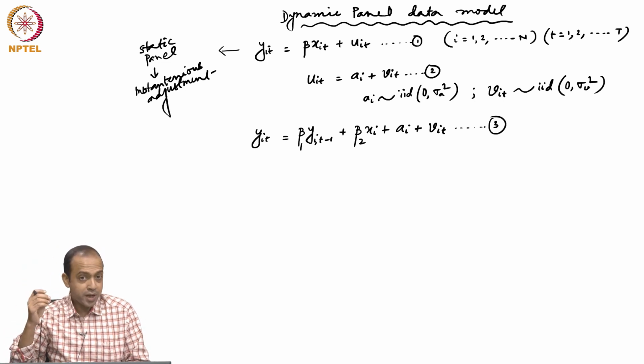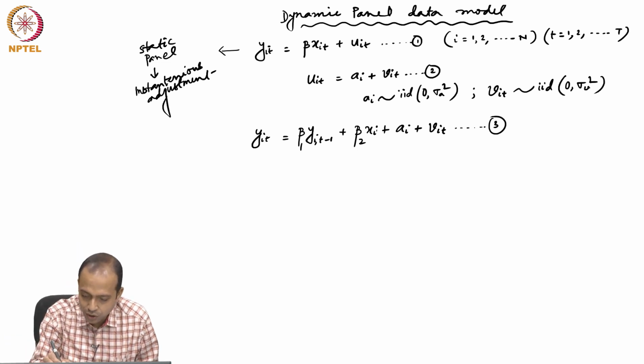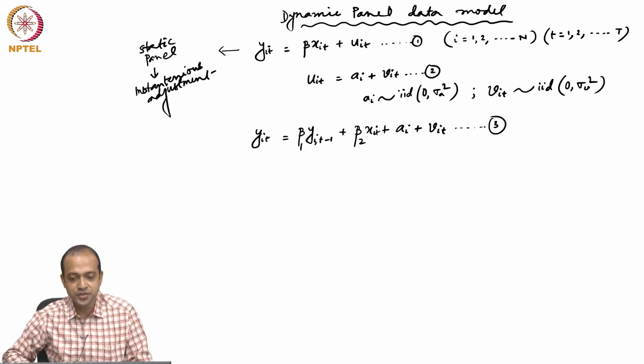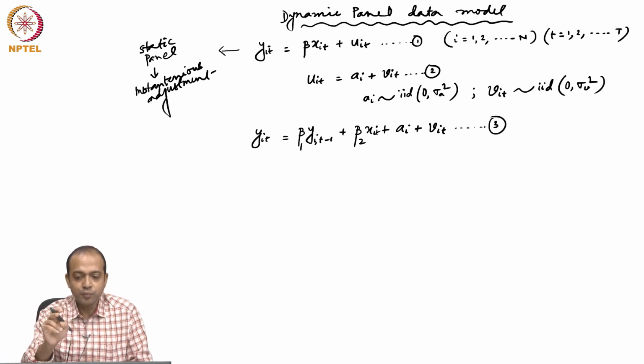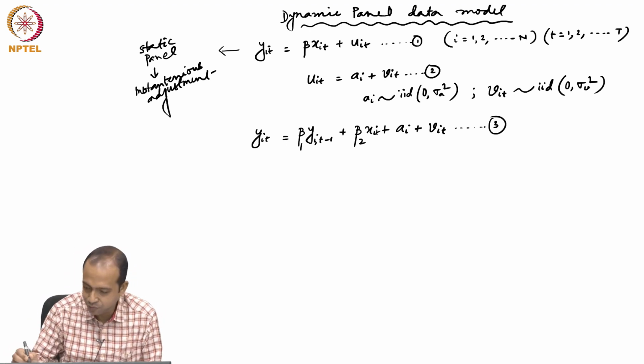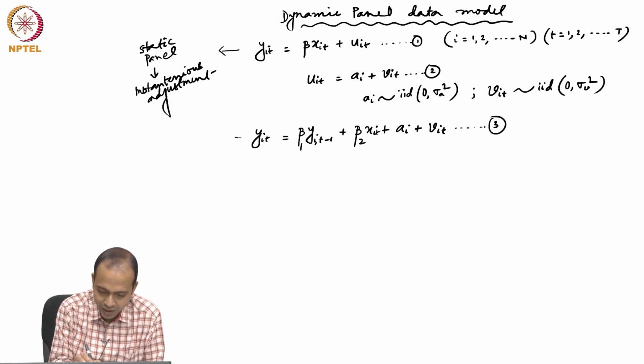So y_it depends on its previous value. You can easily understand the difference between model 1 and model 3. This is called a dynamic panel data model.